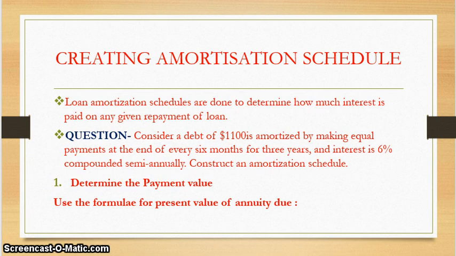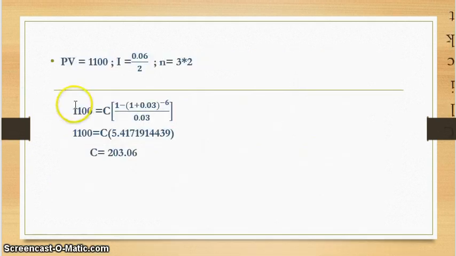So you have to adjust your interest by dividing by 2. Same applies to the number of payments. So it means that you are having 2 payments per year, multiplied by 3, the total number of payments is 6.